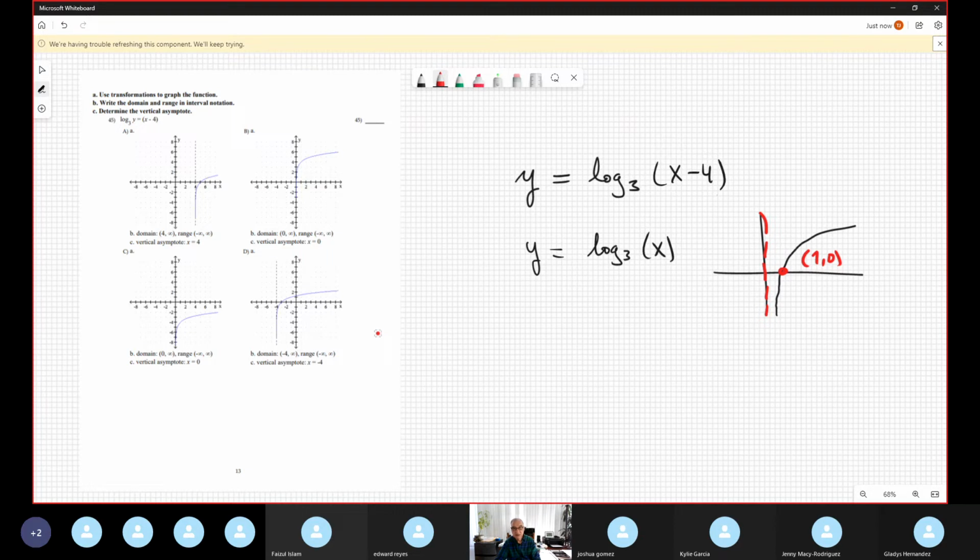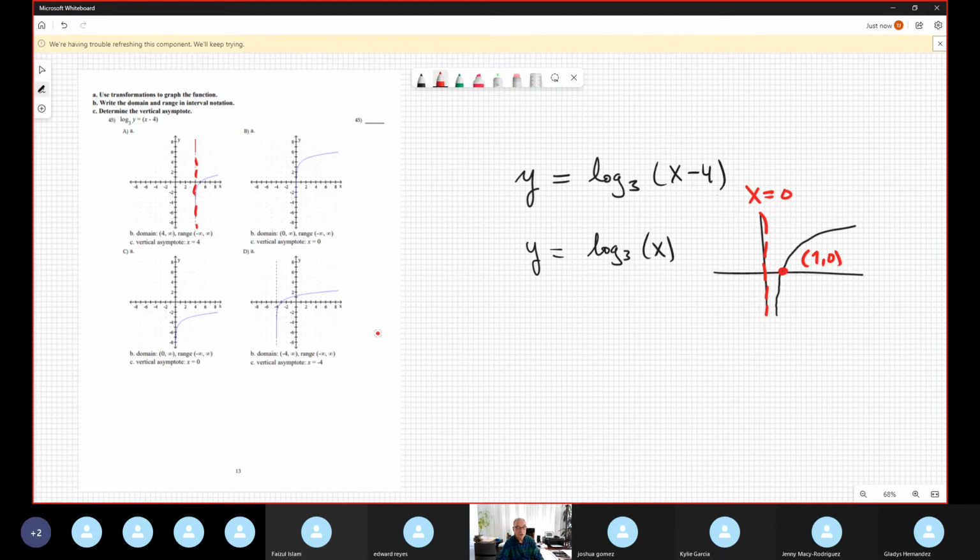Now, but this is -4. And -4 represents the horizontal shift 4 units to the right. Therefore, this asymptote is located normally without transformation at x equals 0. Now it's located at x equals 4.